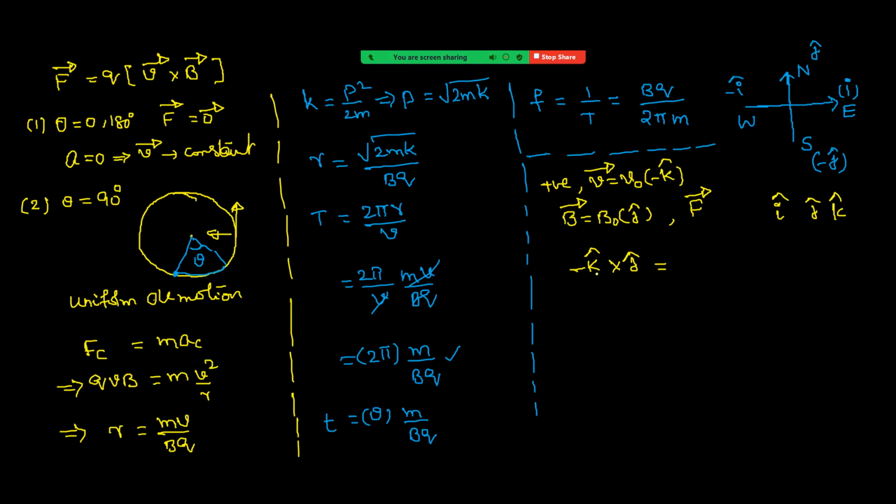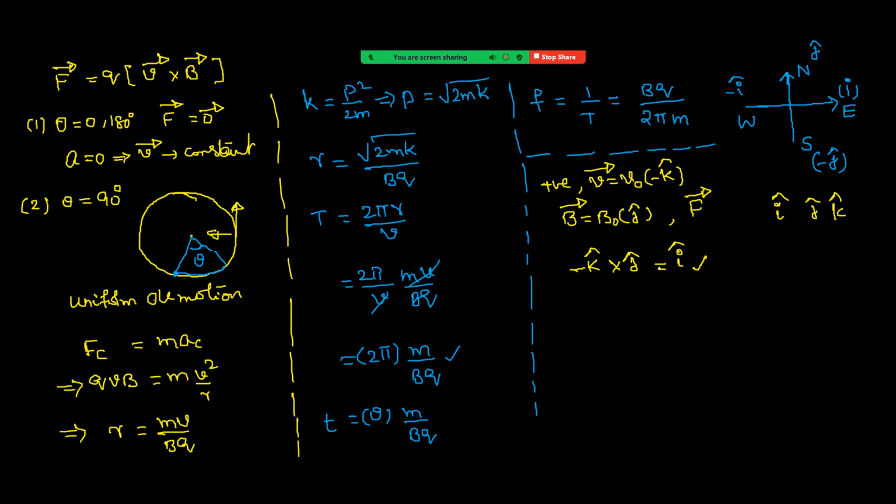It is now reverse. K cap cross j cap is minus i cap, but having minus here, it is i cap. That means just after entering into the magnetic field, force will be towards east. So like this, by using vector notation, we can get direction of force.